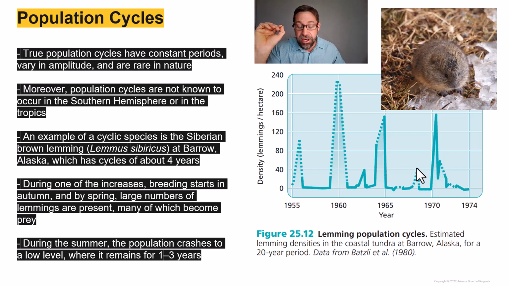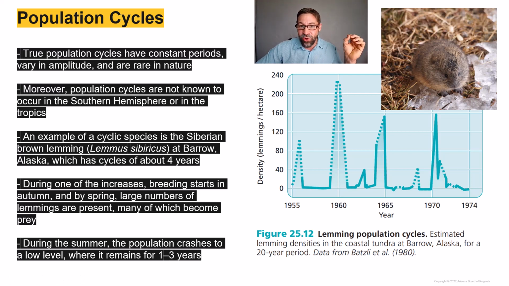One of the better documented examples of a cyclic species, I mentioned them at the outset, is the Siberian brown lemming around Barrow, Alaska, which has this population cycle of approximately 4 years between peaks in their population amplitude. So during one of these increases, breeding starts in autumn, and then by spring there are large numbers of lemmings present. So here it looks like in 1960, upwards of over 200 lemmings per hectare.